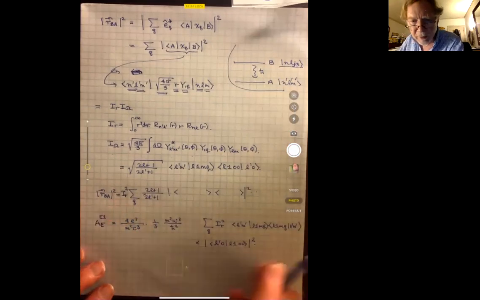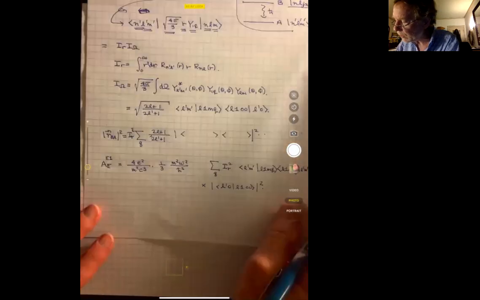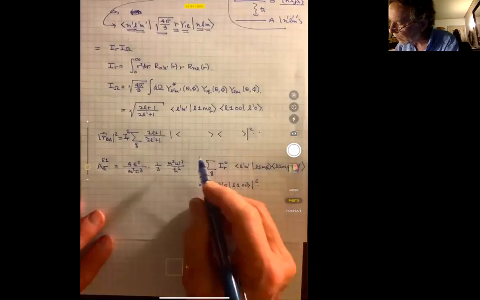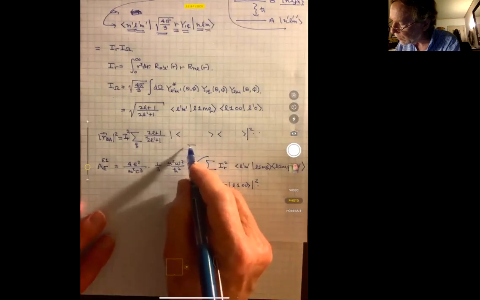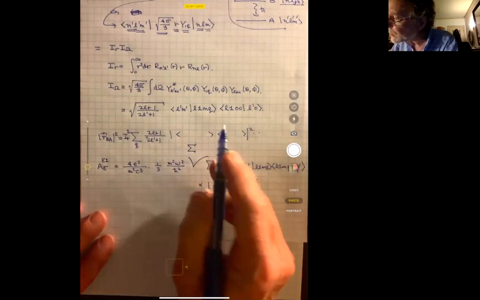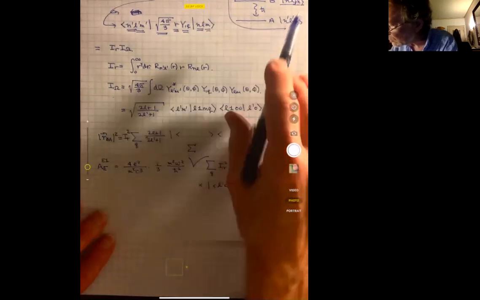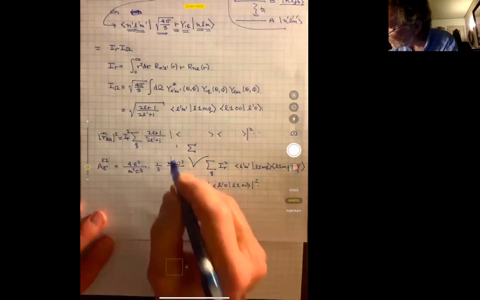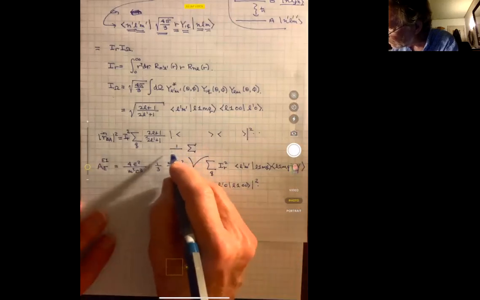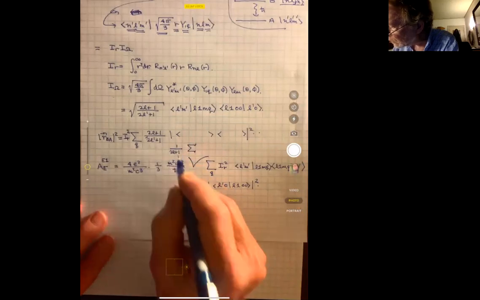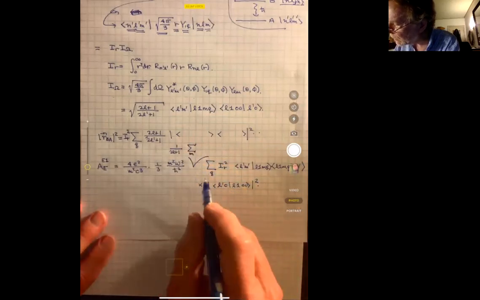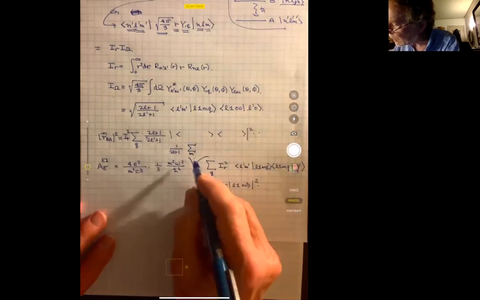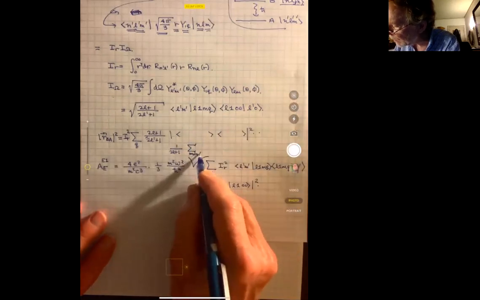In any case, to go to my formula down here, if we average over initial states and sum over final states, then what I need to do is to insert in here the average over the initial states. It's 1 over 2L plus 1, and then it's going to be a sum on the magnetic quantum number M. And then to sum over final states, I sum over magnetic quantum numbers M prime in the final state.